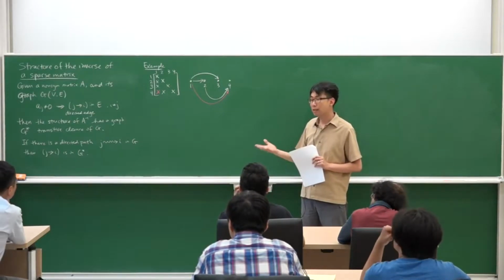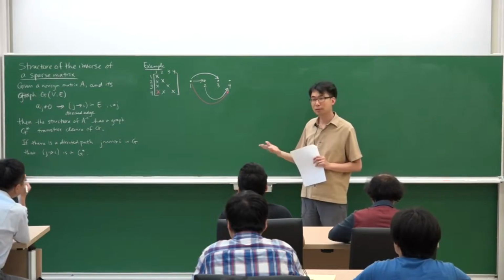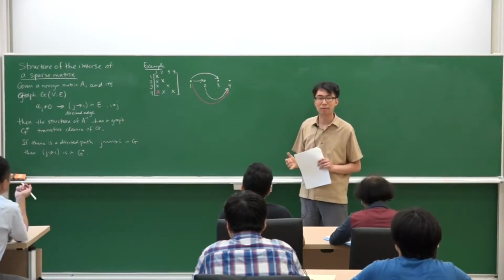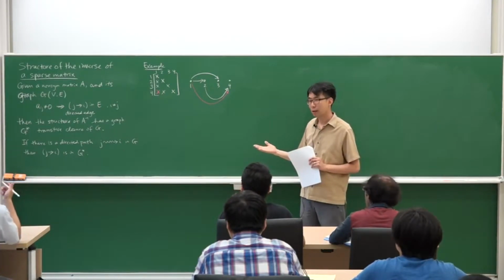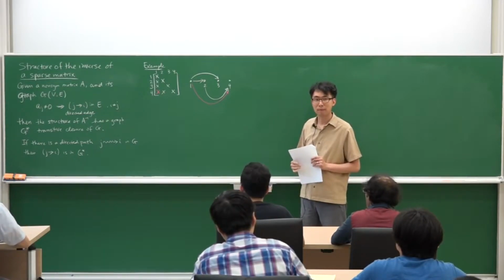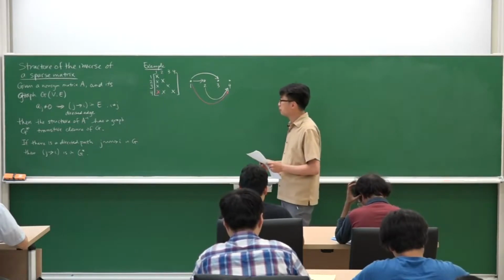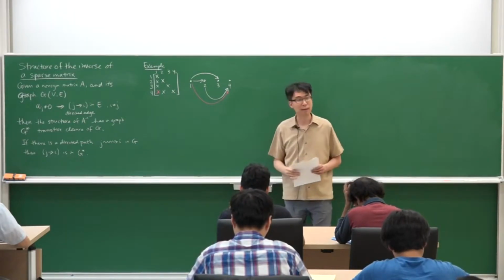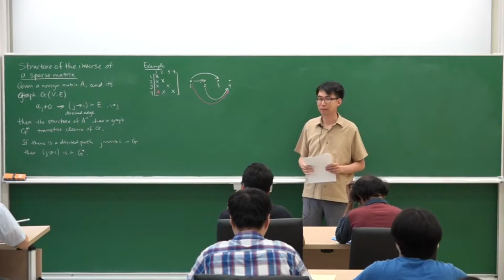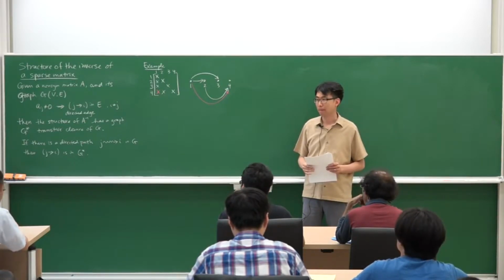And if we form the transitive closure, all of the arrows will still point from low numbers to high numbers, which is a lower triangular matrix. Okay? Do you want another example, or is this pretty clear? I think it's pretty clear.